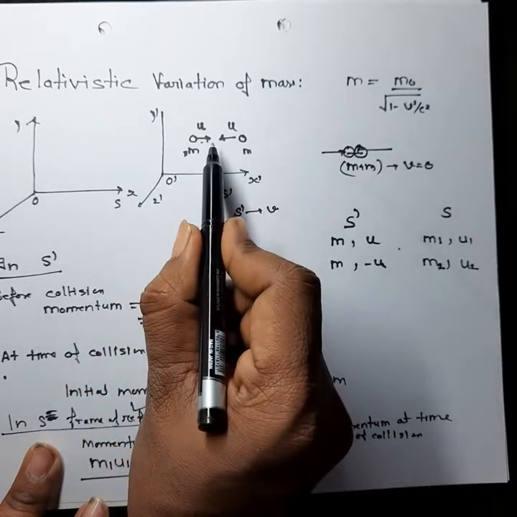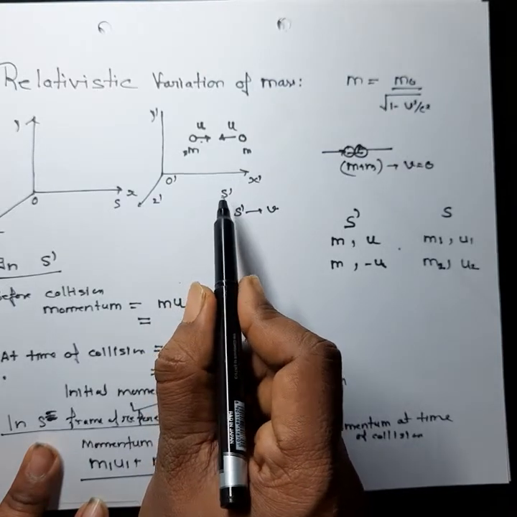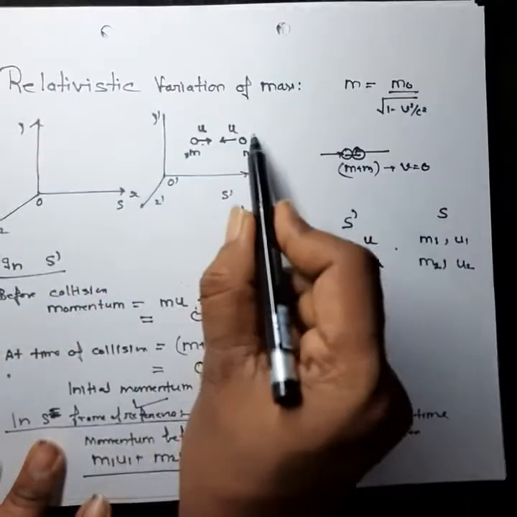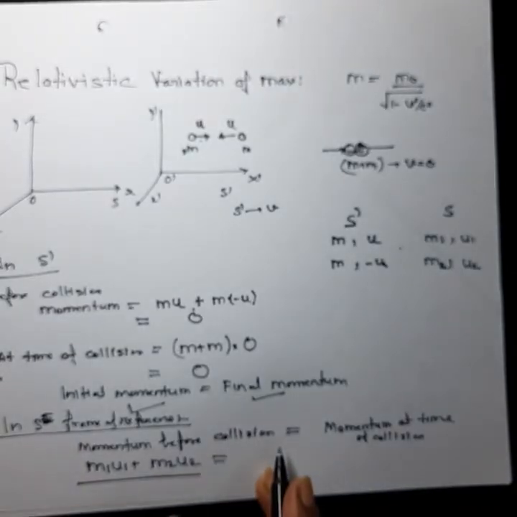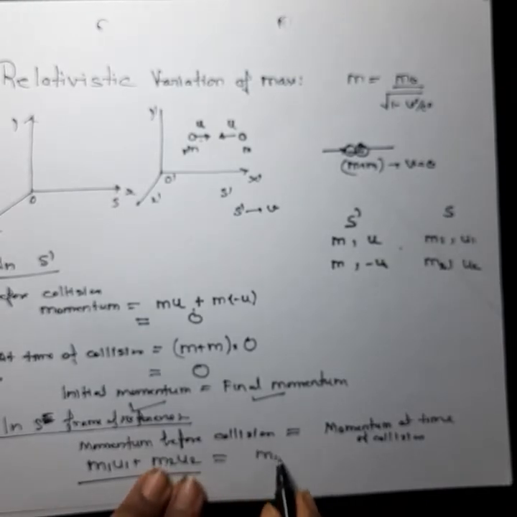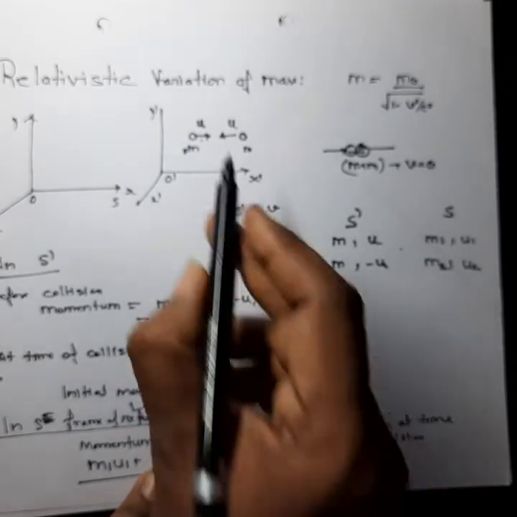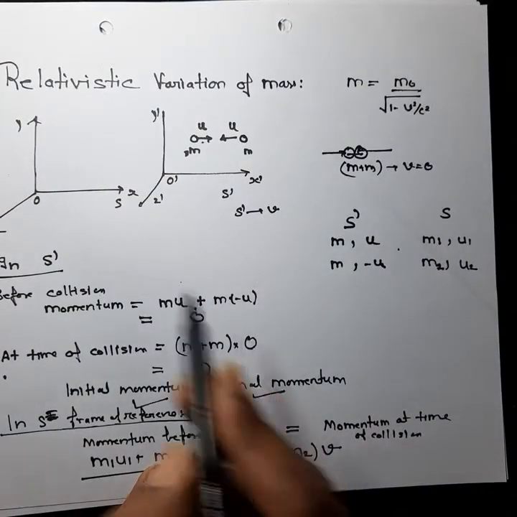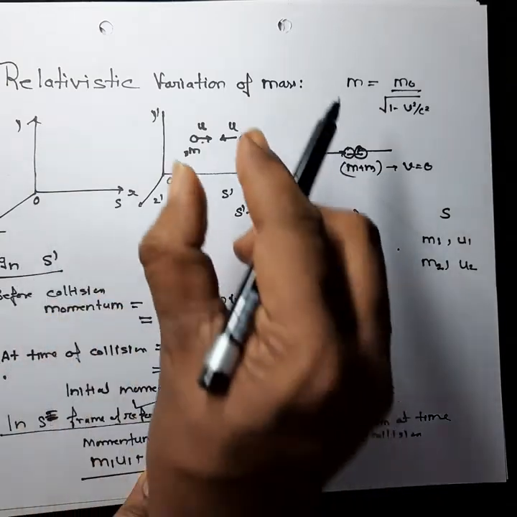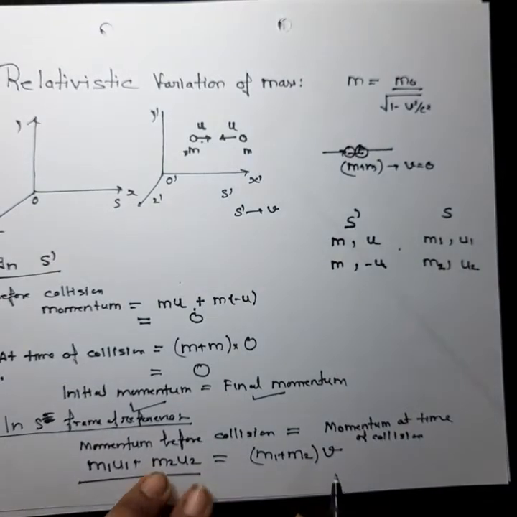So for the S frame, the whole system is moving with velocity v. So you can write m1 plus m2 multiplied by v. This is the final velocity. Here you had written 0, but this is not 0 for S. For S, these two bodies at the time of collision are also moving with velocity v.